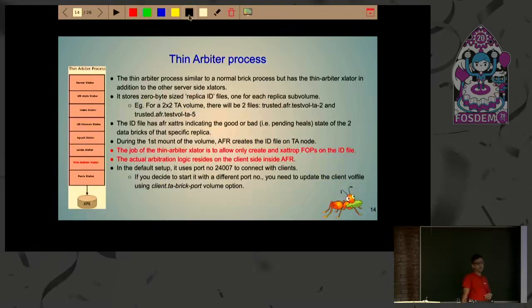So we currently use 24007 because that's the port of gluster-D. So because gluster-D is not running, when you mount the volume, the client will directly connect to this thin arbiter process on this port. If you want to change it to some other port, there are volume options available. You can configure it using a different port.